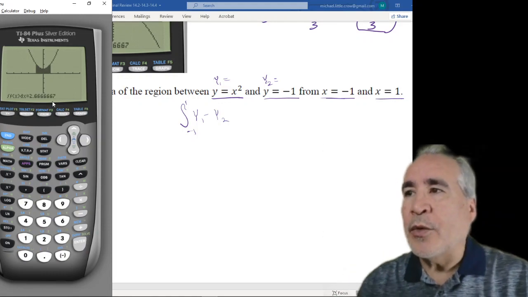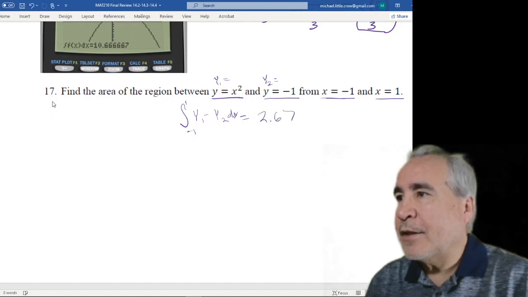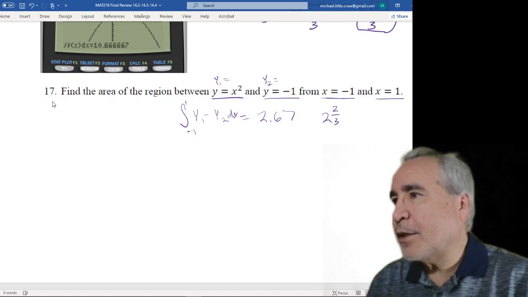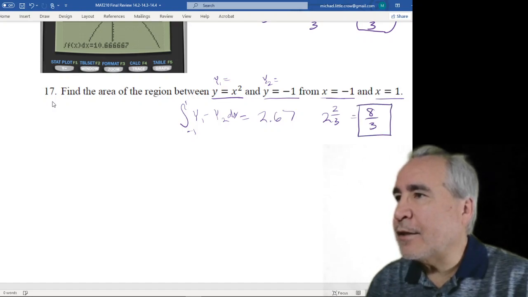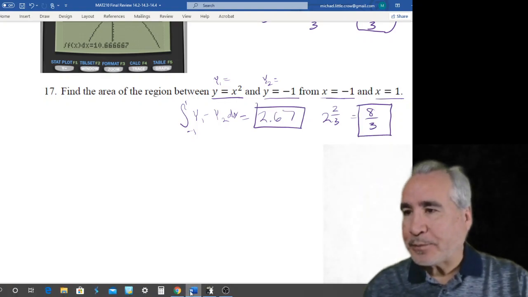And again, you know that so it should be dx 2.67, which is 2 2/3. 3 times 2 is 6. 6 plus 2 is 8. So that's going to be the same thing as 8/3. You might see an answer, 8/3. You might see this as your answer. Multiple choice, you choose either one, right?